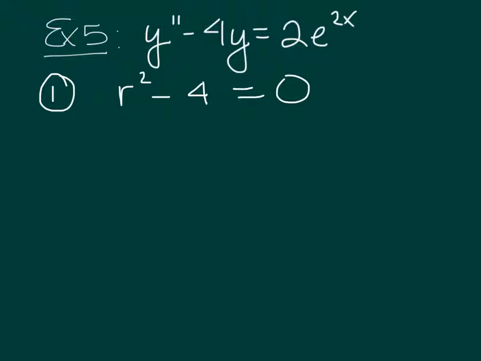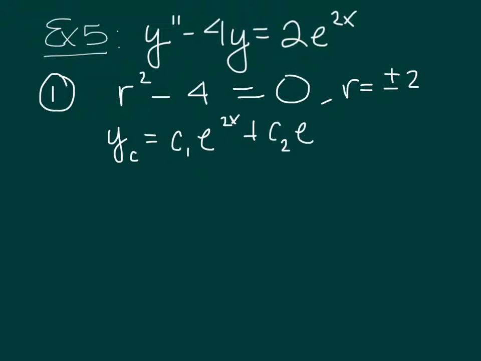We found r equals plus or minus 2, and then our general solution was c1 e to the 2x plus c2 e to the negative 2x. So we already did the work. I just went ahead and wrote it again, but we did this already in example 3, because the characteristic equation is exactly the same.